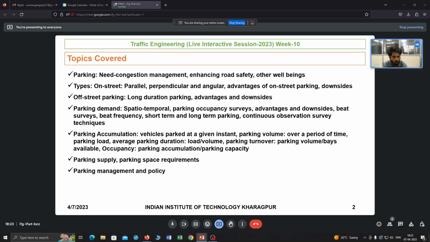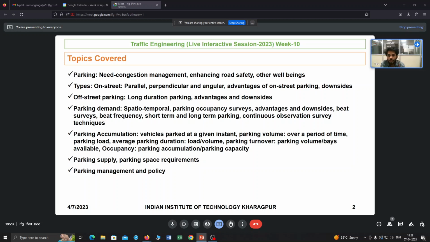In terms of building codes also, there are regulations that if you have a shopping center, you should have some dedicated space for parking. Otherwise nowadays they are not allowing people to build those shopping centers without proper parking facilities.